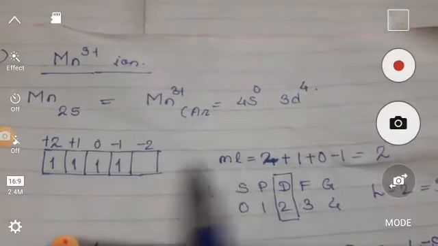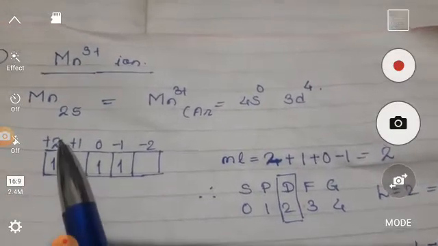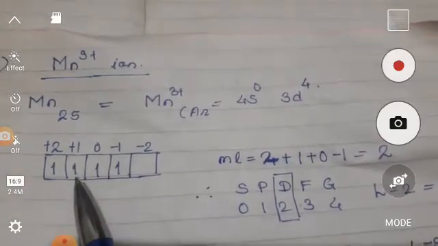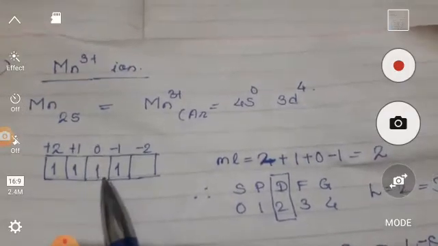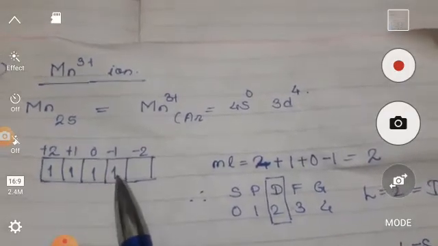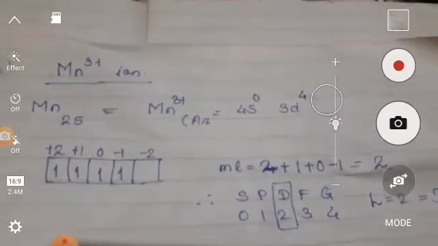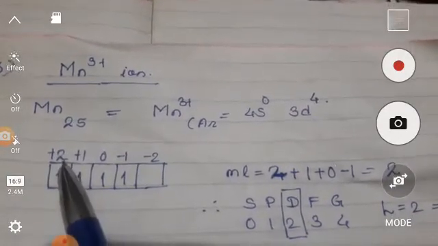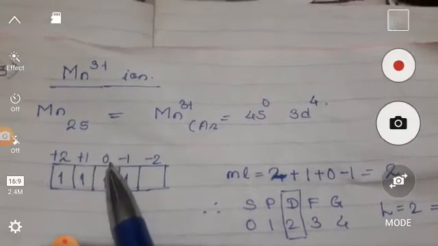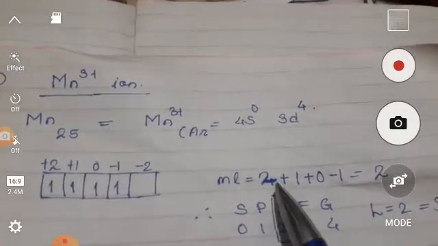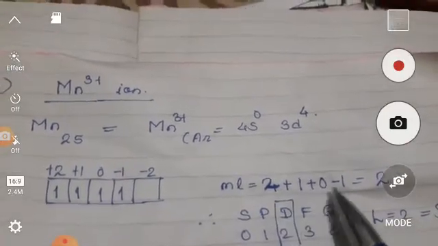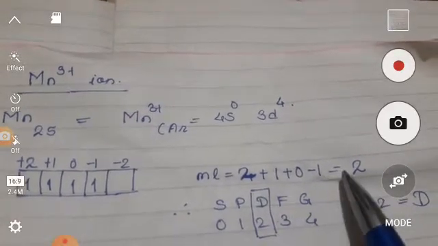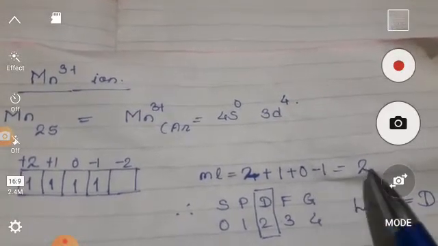Now ML: the first electron is in the +2 orbital, the second is in +1, the third one is placed in 0, and the fourth one is in -1. So the total sum of the orbital numbers is +2, +1, 0 and -1, which is 3 minus 1, equal to 2.